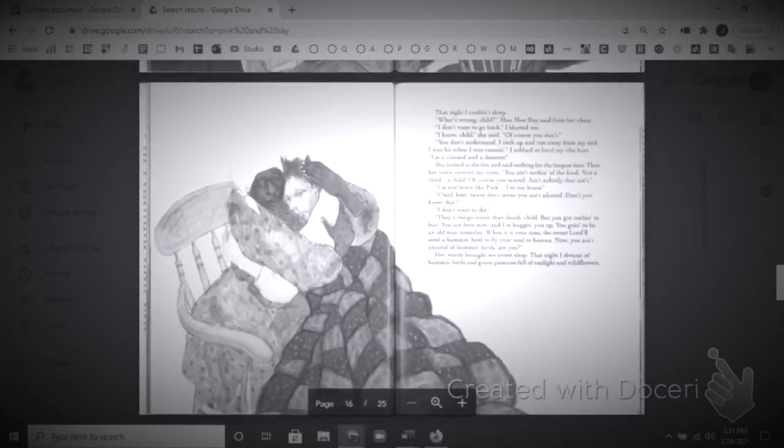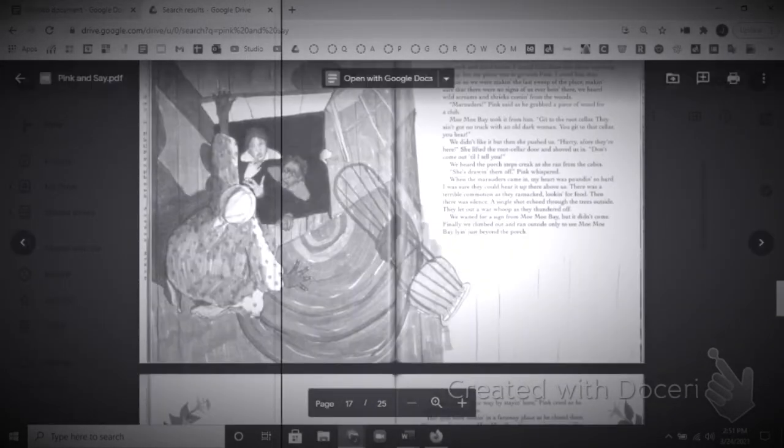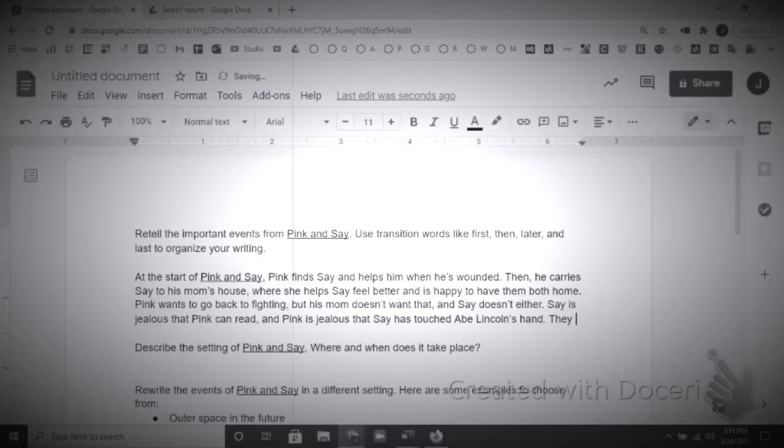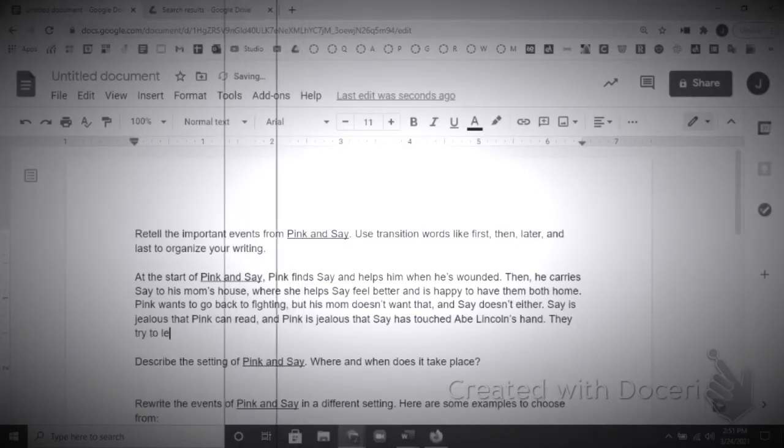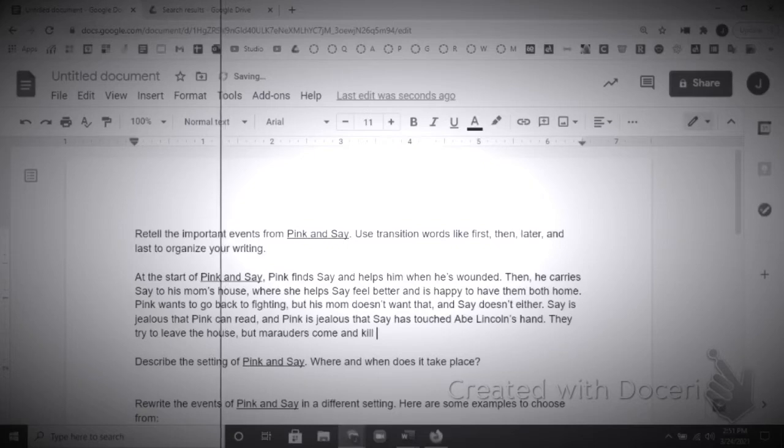All right, and then they get ready to go. They try to leave the house, but marauders come and kill Pink's mom.